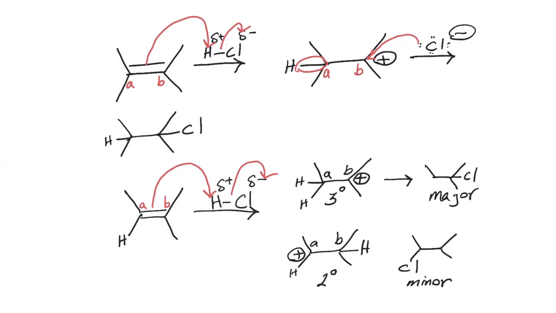And the reason is what you see here. Usually when you add hydrogen to the sp2 carbon with more hydrogens, the more stable carbocation forms. Do you have any questions?